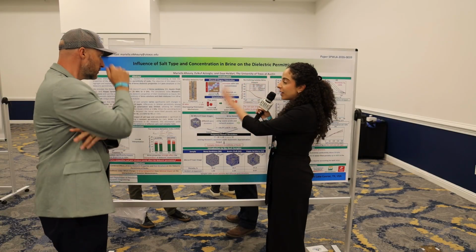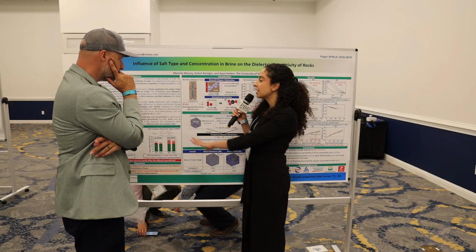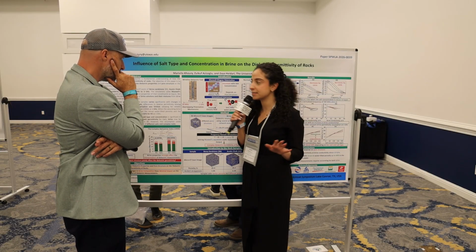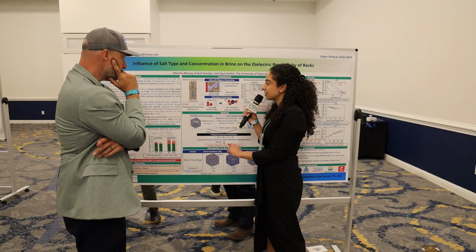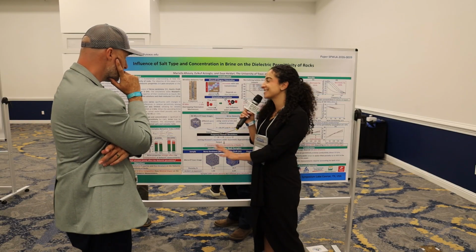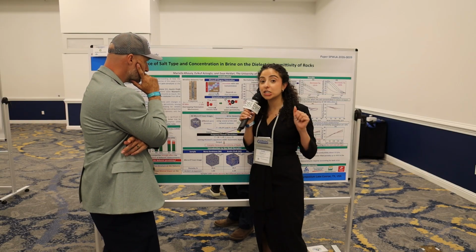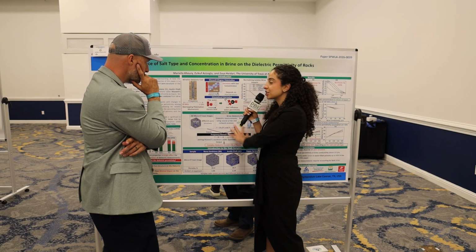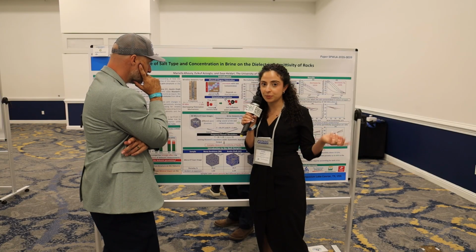So we have a wireline dielectric tool. It operates between 20 megahertz and 1 gigahertz. In this frequency range, we have two overlapping polarization mechanisms: Maxwell-Wagner polarization and orientational polarization. Well, they told me I only have 5 minutes, so I'm not going into details, but you can ask. Maxwell-Wagner depends on the brine conductivity and the pore structure, while orientational polarization depends on both brine conductivity and brine relative permittivity.